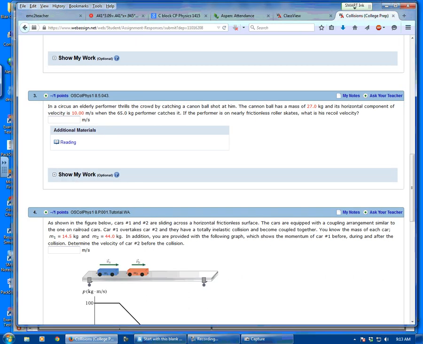All right, so in number 3, what type of collision is it? Elastic or inelastic or semi-elastic? Okay, why do you say semi-elastic?